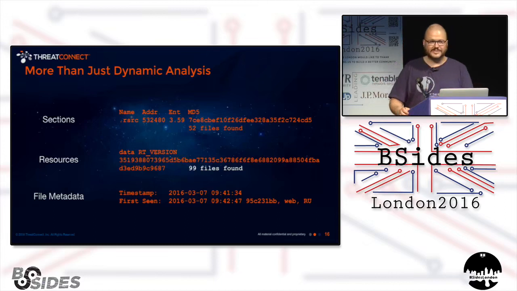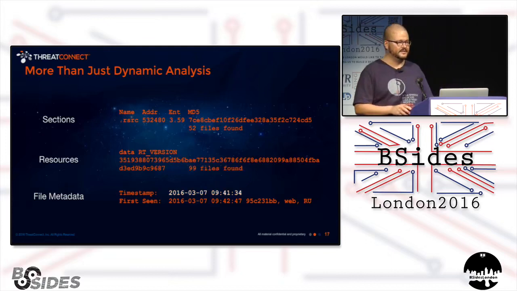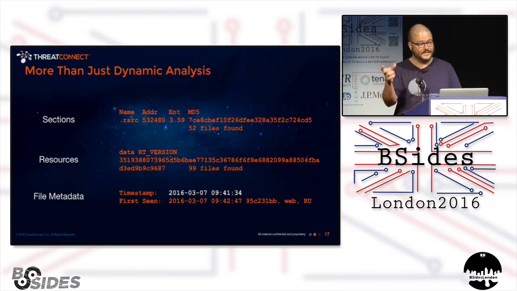Now this last one, this is a really awesome technique, by the way. This is very, very awesome. So every PE file has a field. It's not always filled out. Some malware authors will just zero it out and it'll say January 1st, 1970. But this is the compile and link time of the file.